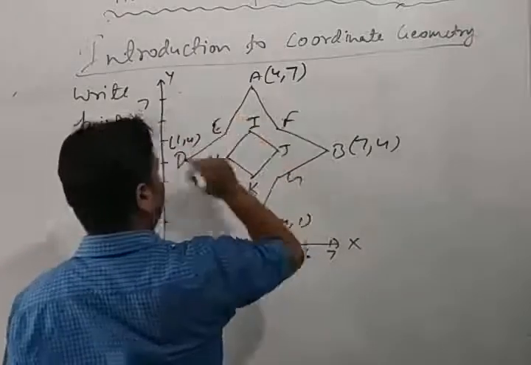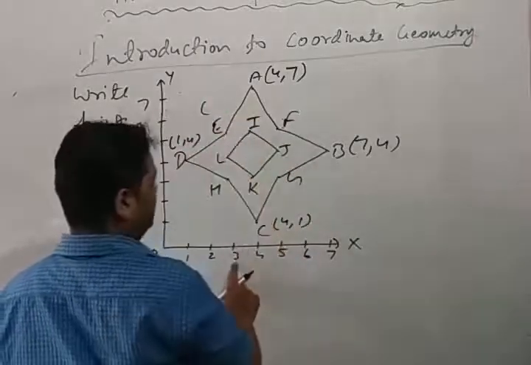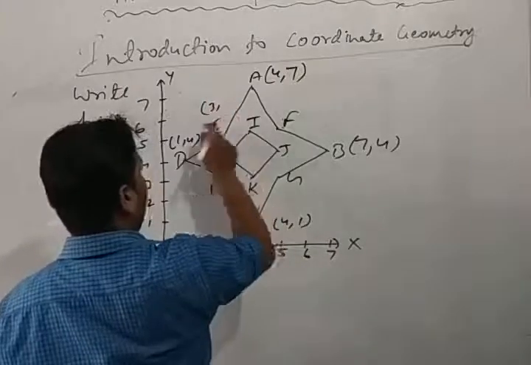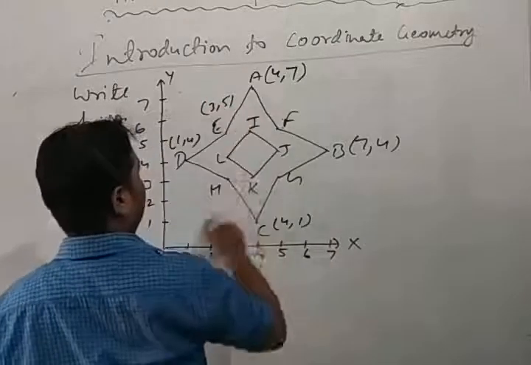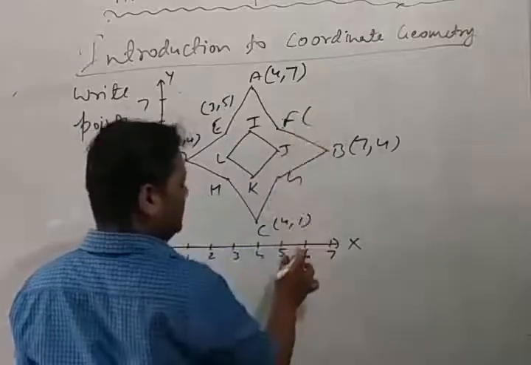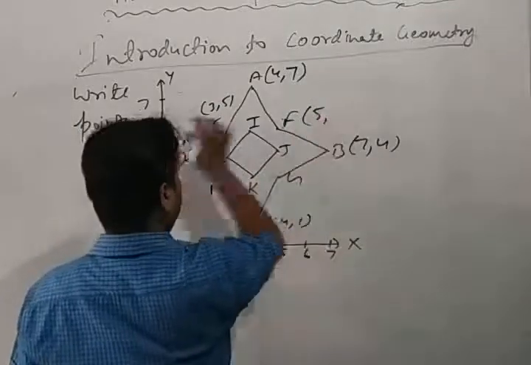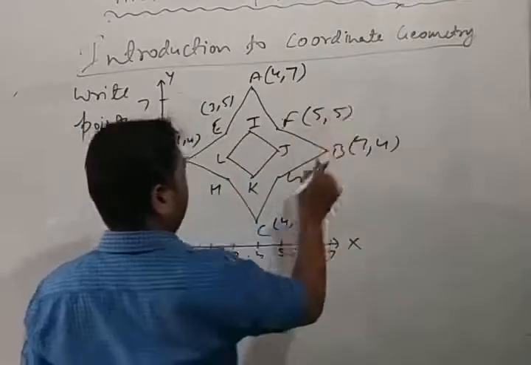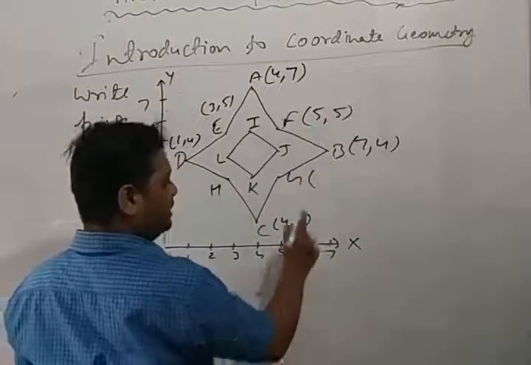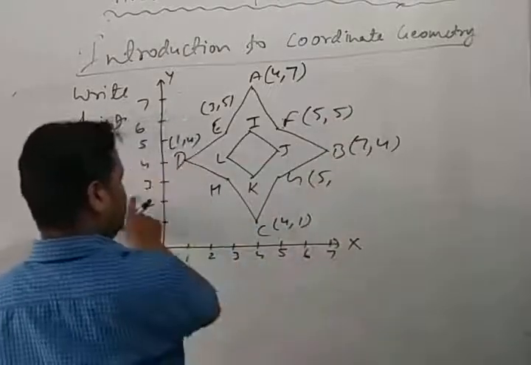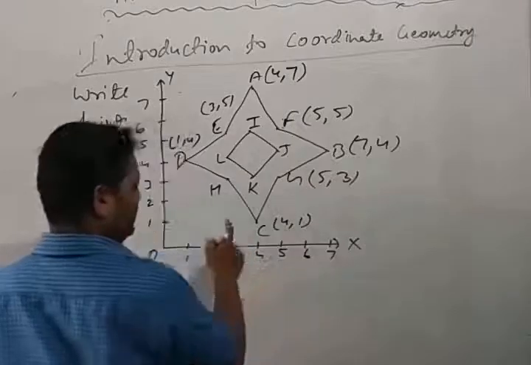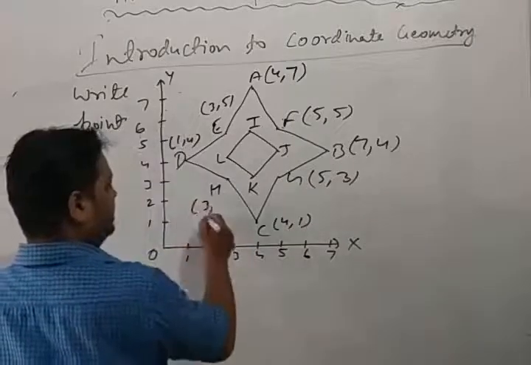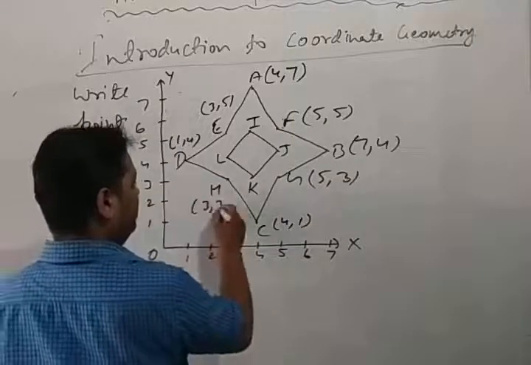Then E, x-axis 3, y-axis 5. F, x-axis 5, y-axis again 5. G, x-axis 5, y-axis 3. H, x-axis 3, y-axis 3.